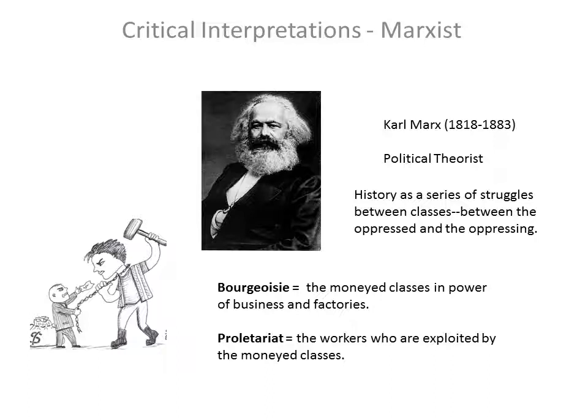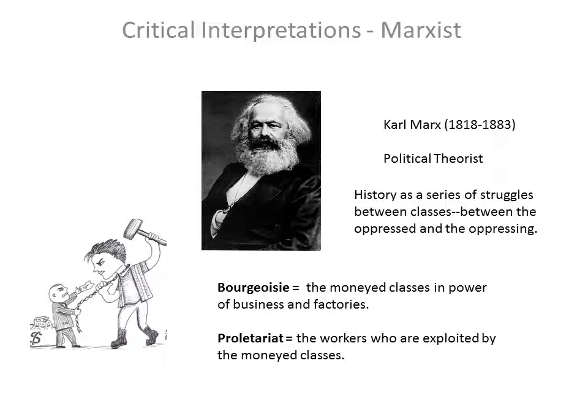To boil down his ideas to a very basic concept, he saw the history of society as a series of struggles between social classes, between people who had money and power and people who had far less, so between the oppressed and the oppressing.